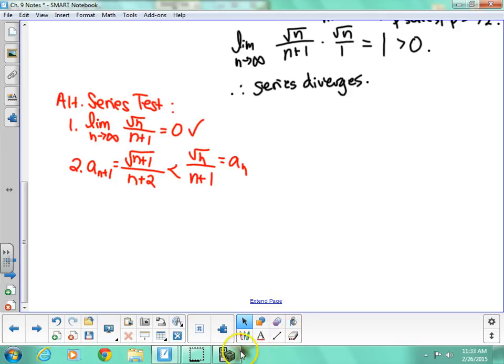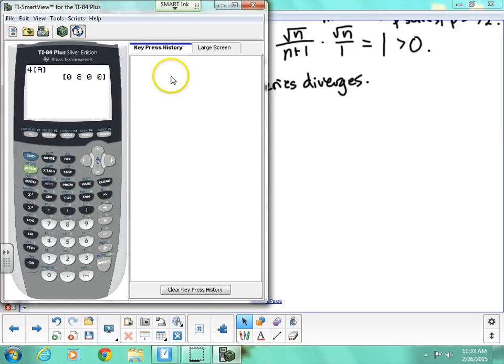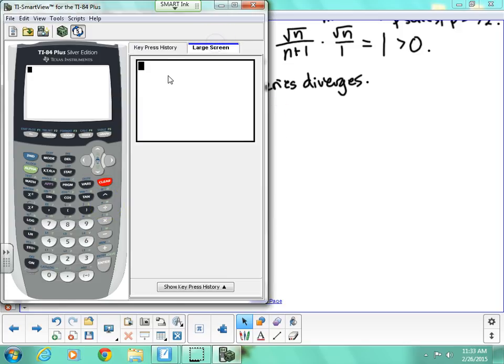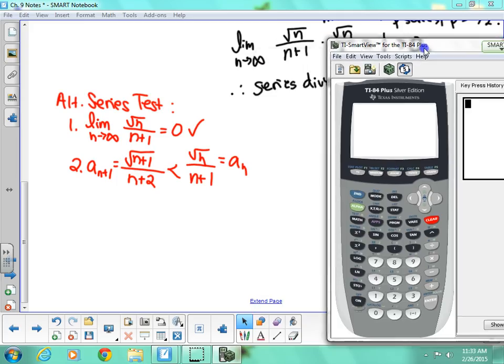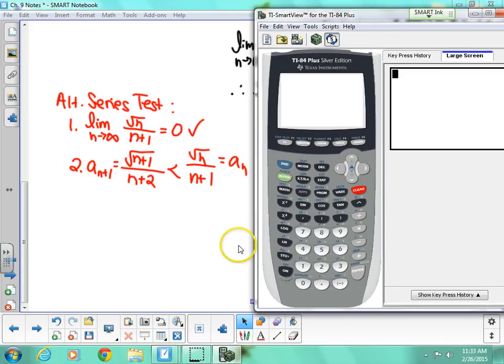So I was just going to go ahead and test and make sure that it wasn't one of those that works sometimes and not other times. If I plug in 1 for this one, I get root 2 over 3 on the left-hand side, and on the right-hand side, 1/2. Well, this one's smaller than 1/2, right?